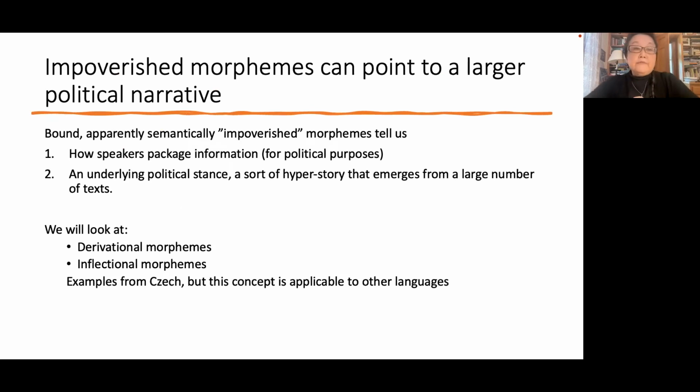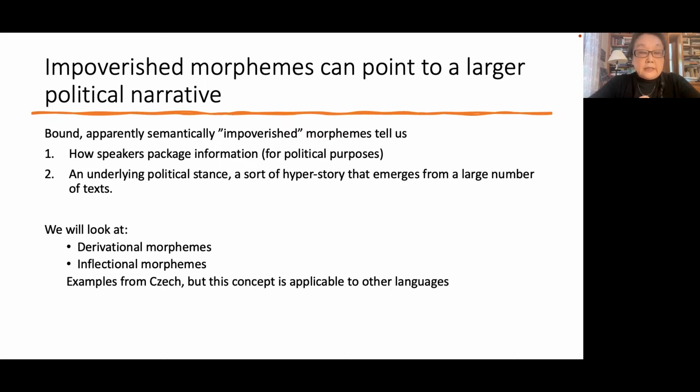So what do impoverished morphemes do? Our claim is that they can point to a larger political narrative. We use political in the sense of marking power relationships, so it's wider.